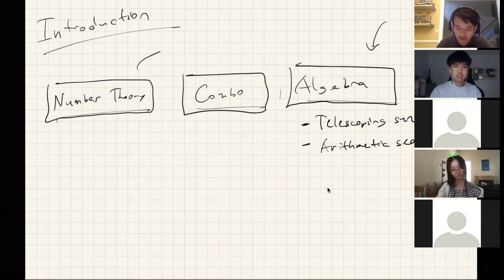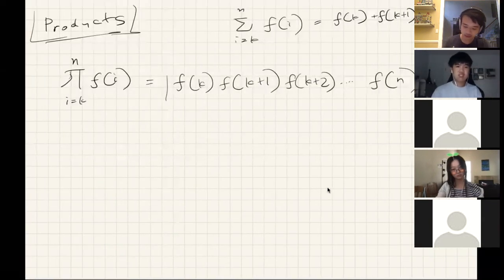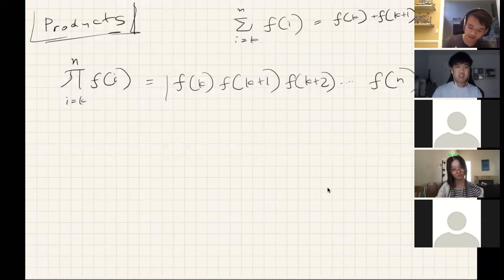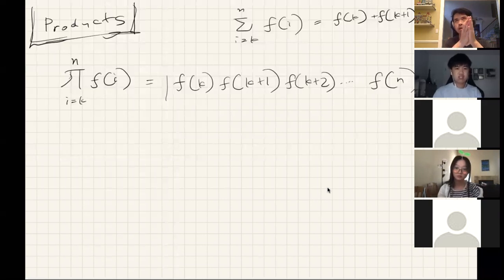But anyways, on to our first topic, which is products. Products come up decently often on AMCs, right? Sometimes you'll see a really easy one in the first 15 or something.